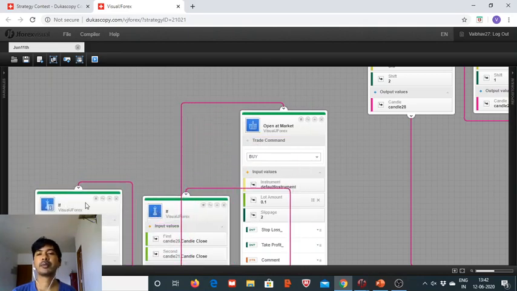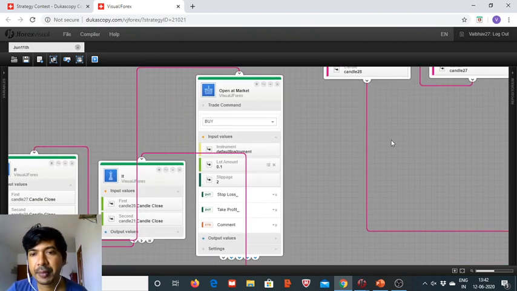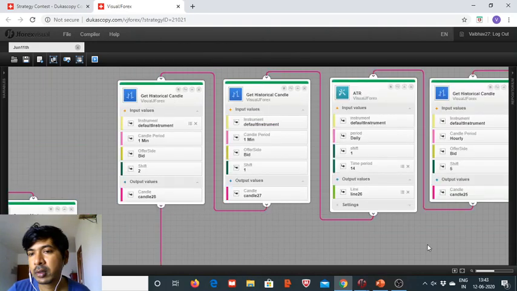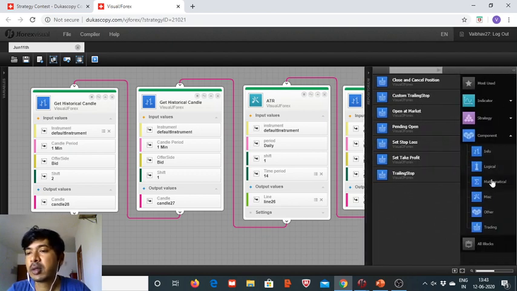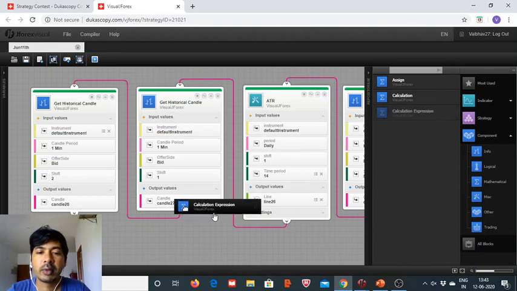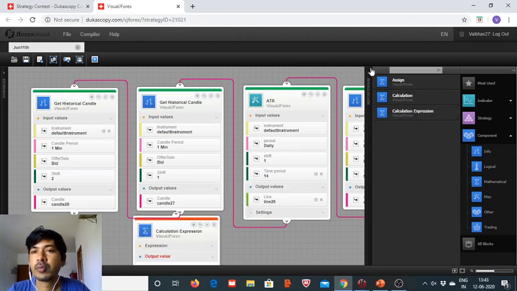And for that, what we are going to need is creation of fresh variables.